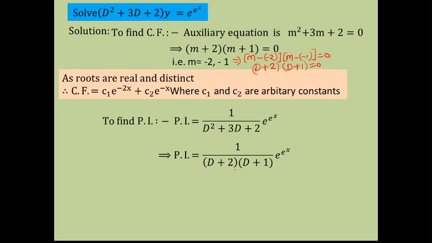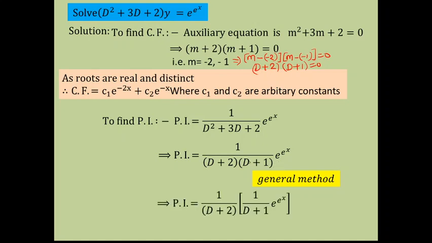Now here I will not separate these linear factors. We will see how to simplify this by operating each linear factor one by one. That is case number or method 2 that I am applying here, right? You can apply any one of the linear factors on e raised to x.